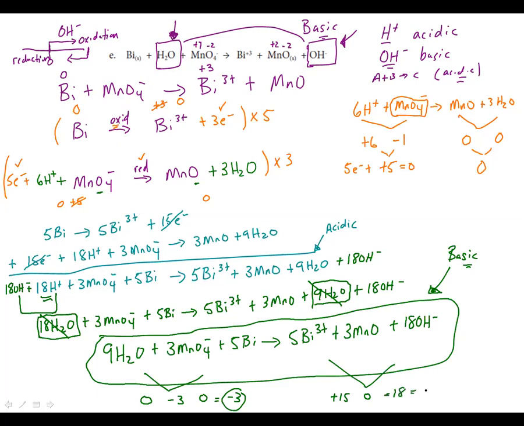That gives you a -3 on that side. That means it's balanced both in terms of elements and also charge on both sides.